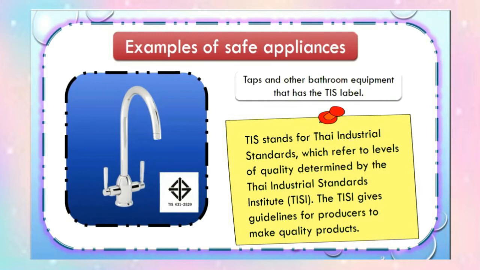The TISI gives guidelines for producers to make quality products. So next time, if you buy equipment, especially for your bathroom or for your kitchen, you can tell your mom, Mom, let's choose the thing which has the TIS label, okay? That's very useful as well, and it's very good for us and for the environment.